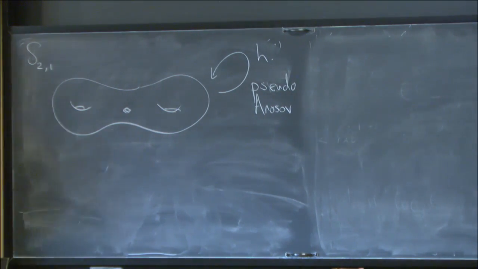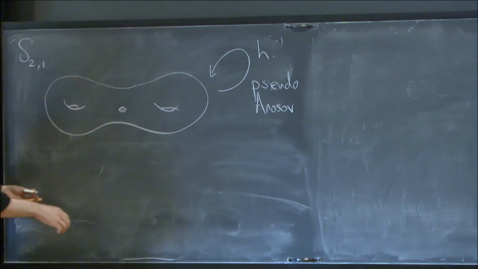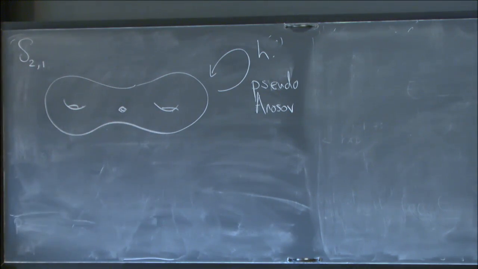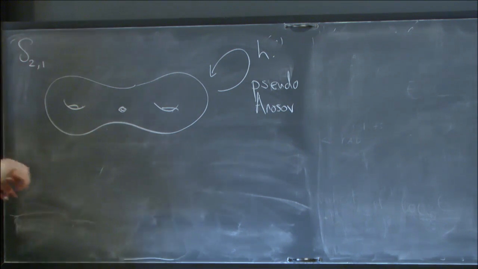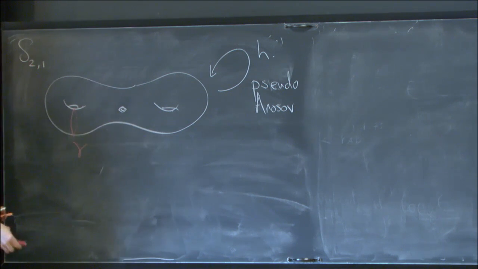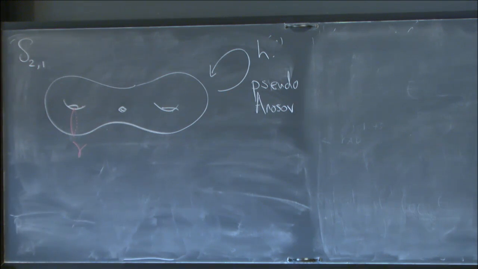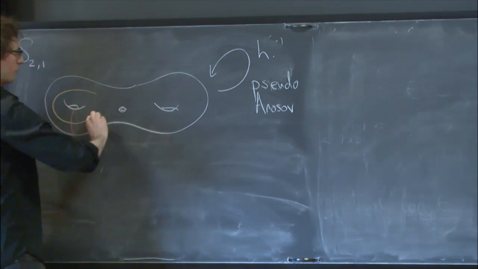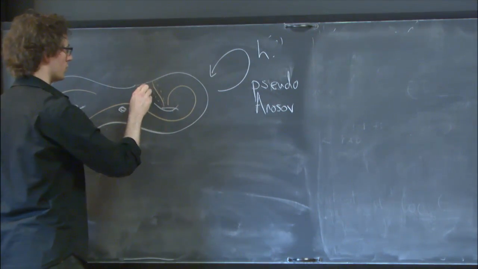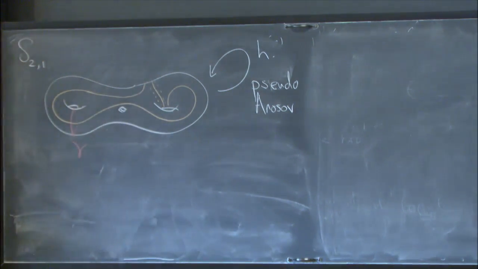One of the things you can do when you have one of these mapping classes is apply it to stuff that you have drawn on the surface. Maybe on this surface, I've got some nice little loop gamma that's sitting here. If I apply this mapping class H to it, it goes to some other curve, which is a little bit more tangled, which winds around my surface a little bit more.